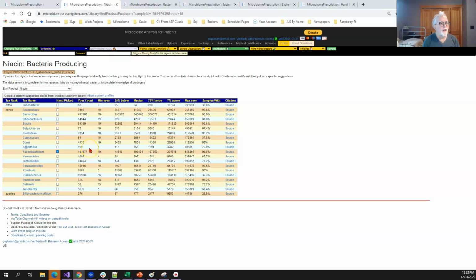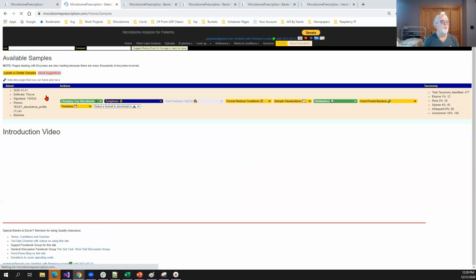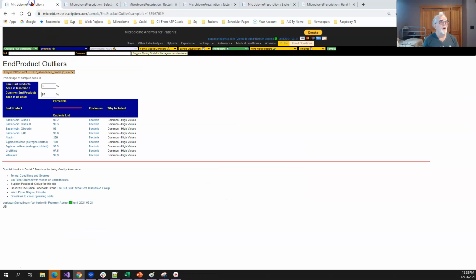But selecting that one is high. The only other one which is really high is the Blautia, which is a third of that, and everything else is below the third level, so I'm going to just mark that one. We go back and we'll go to the next one.